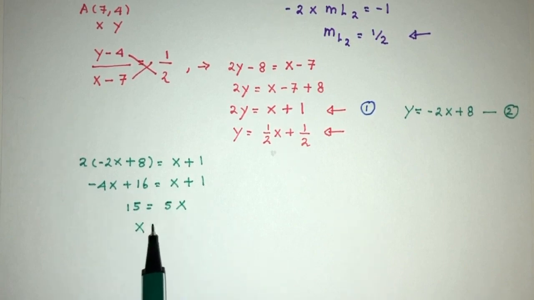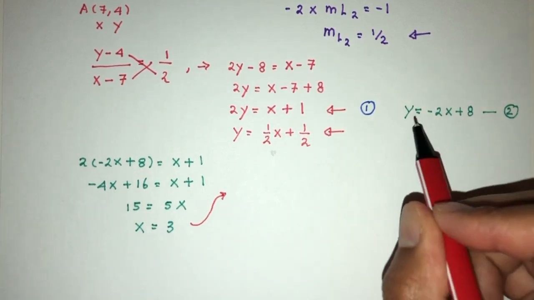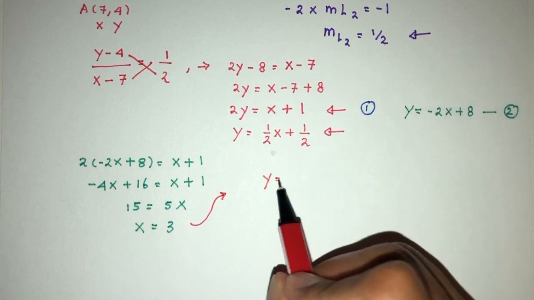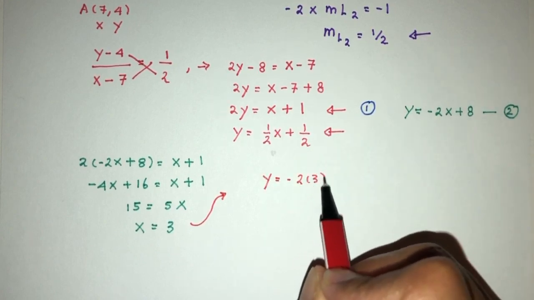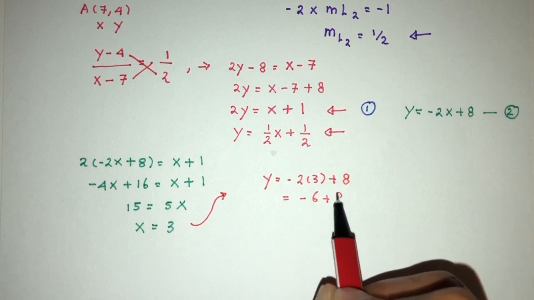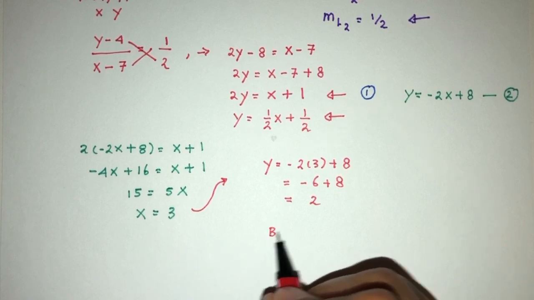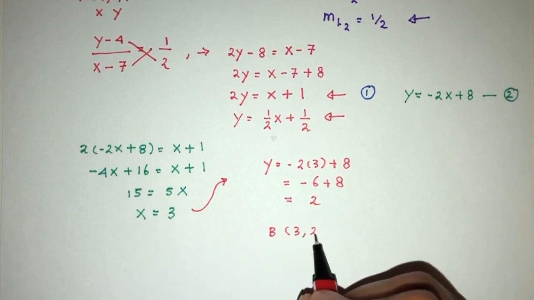So x will be 15 divided by 5, that should be 3. Now continue, replace back in your equation number 2. So y will be minus 2 times 3 plus 8, that will be minus 6 plus 8, which is 2. So the point B is found to be (3, 2).